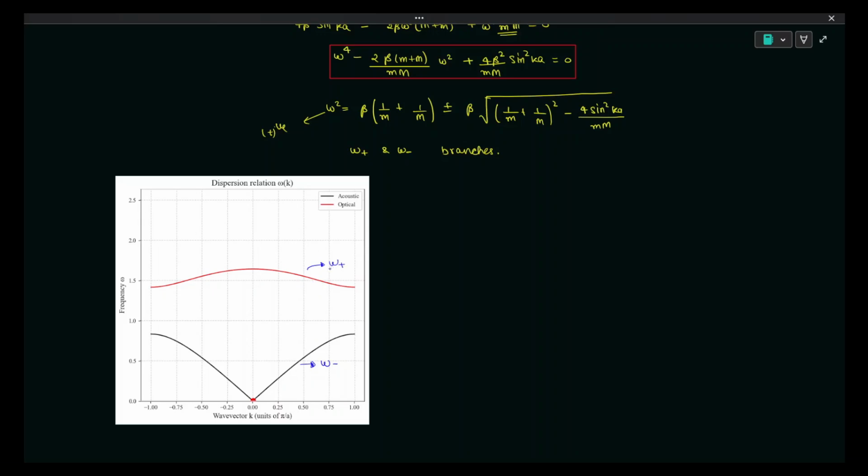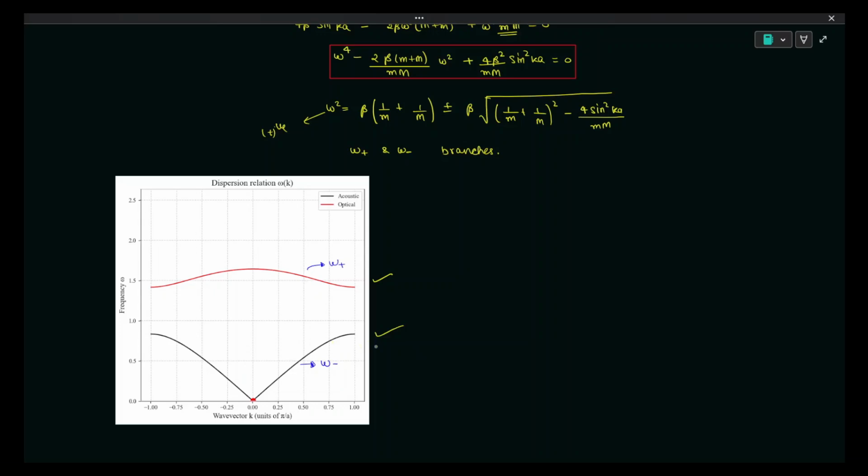This omega plus frequency branch is known as the optical branch, whereas this lower branch with lower frequency is known as the acoustical branch. Therefore the allowed frequency range of propagation is split into two different branches: one is optical, the other is acoustical. The upper one is the optical branch, whereas the lower one is the acoustical branch.